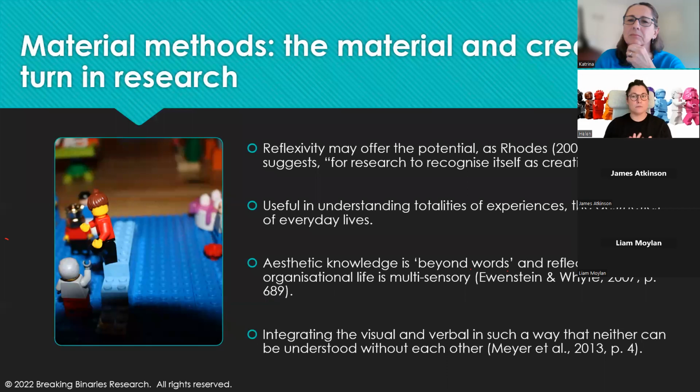When we think about the material and what materials mean, it means that we need to take a step back and think about what I've called the totality of our experiences. We don't just experience the world through words and through conversation. We experience the world in a whole multitude of ways, through a multitude of senses, and those senses are multifaceted, and people experience those senses in different ways.